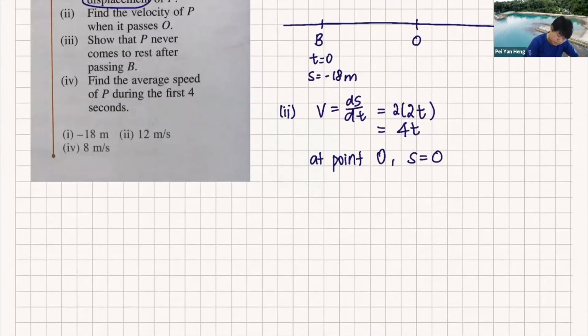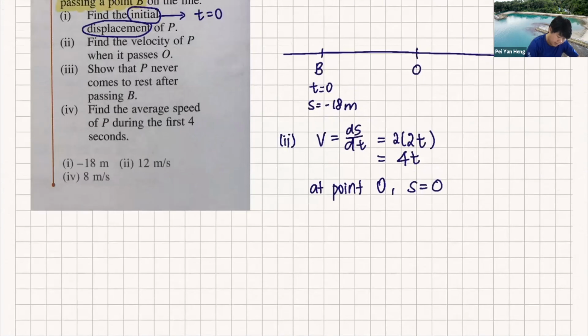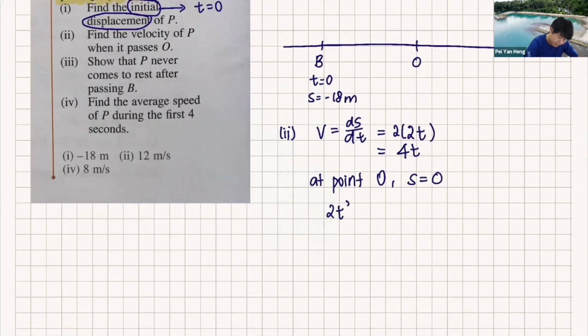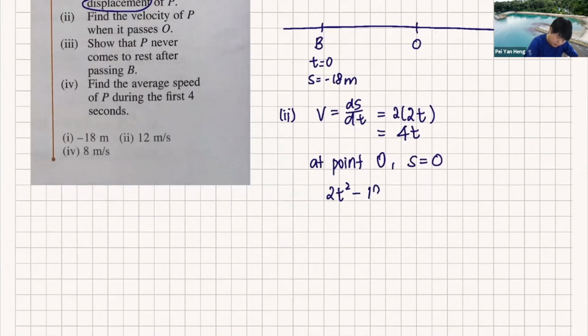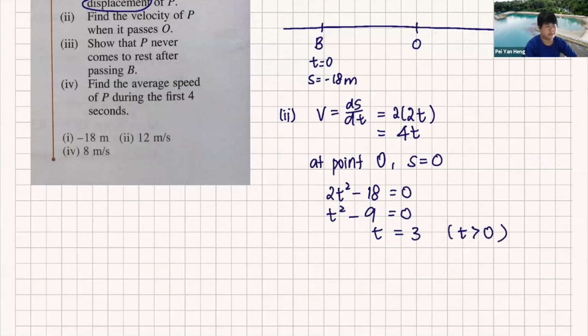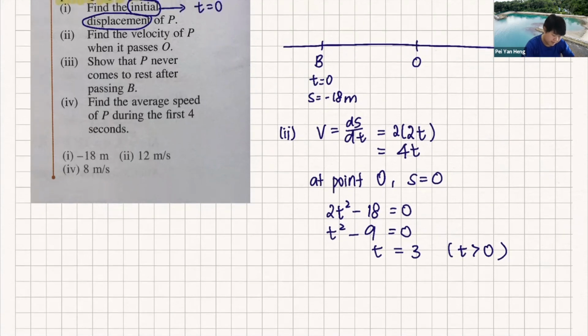So s = 0, we will sub it in. We will have 2t² − 18 = 0. Then divide by 2, you will get t² = 9. You get t = ±3. Or you can simply say that t will be equal to 3, because t must be greater than 0. It's a time. And then we know that at 3 seconds, the particle will be at point O. So now we're going to find the velocity.